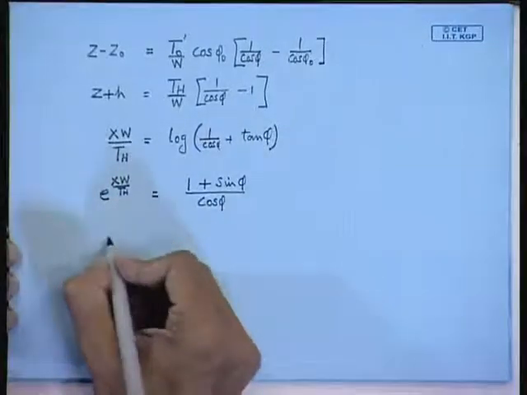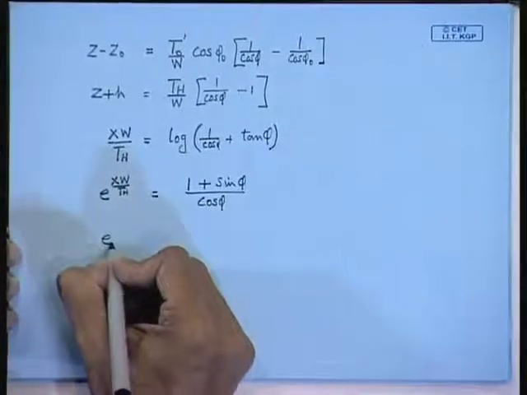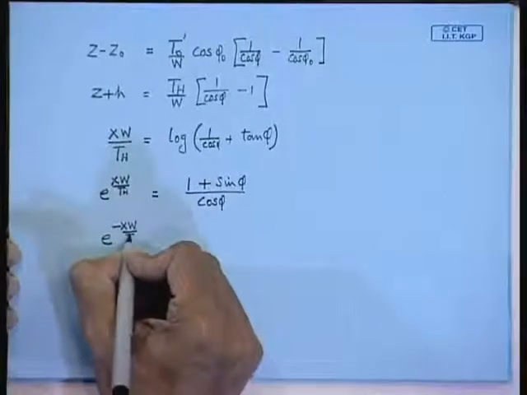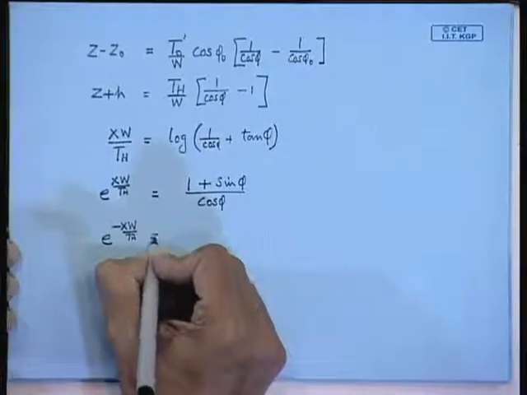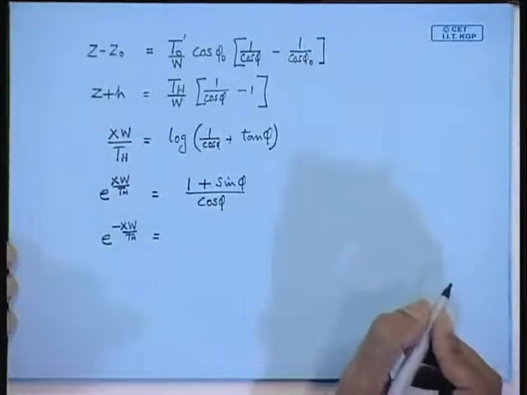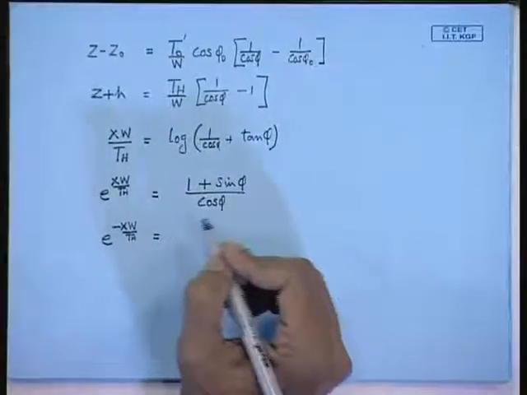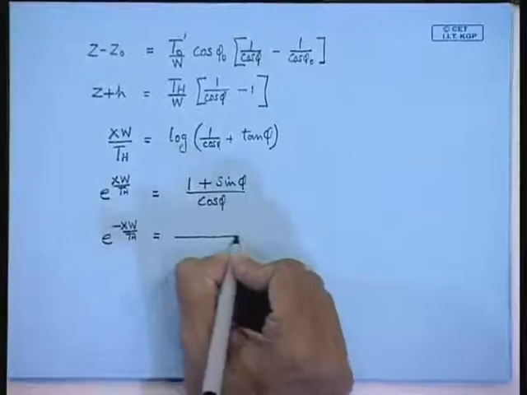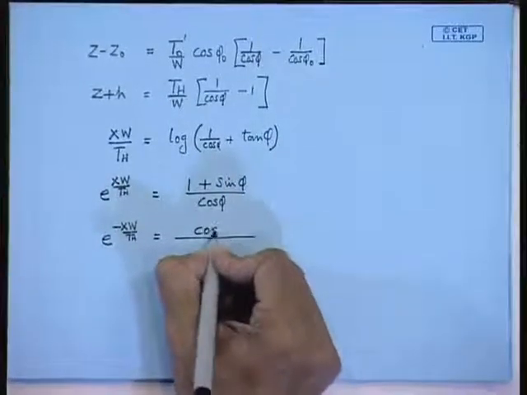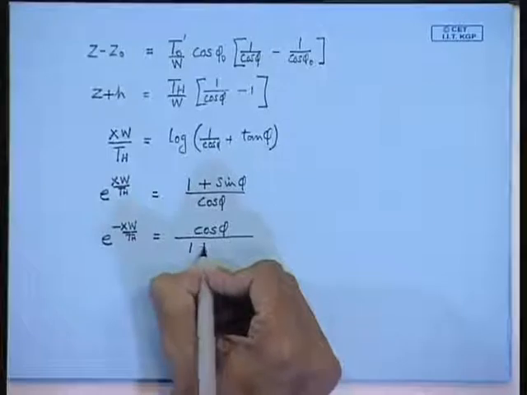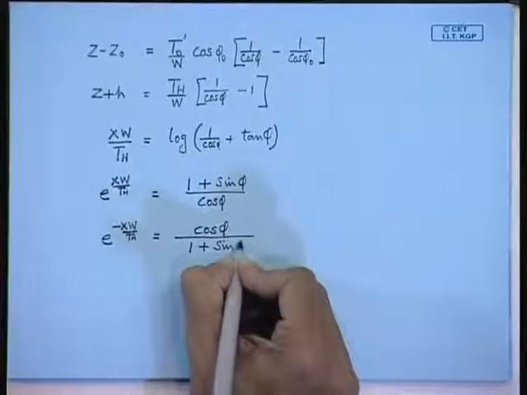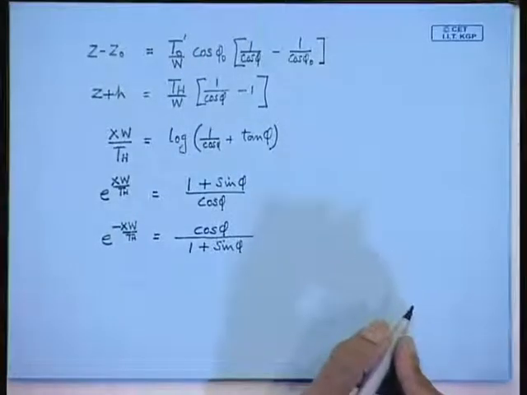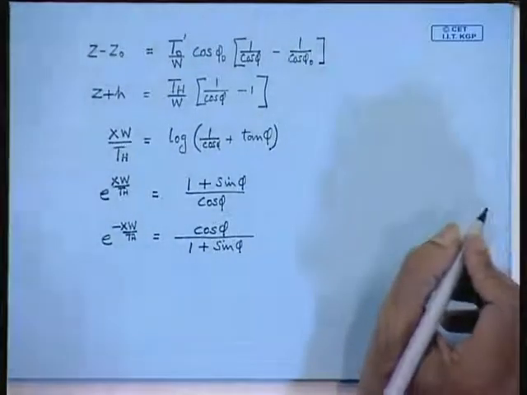Now, similarly you find e raised to the power minus x W over T h. This is just the reciprocal. So, there is simple maths. Now, those of you who are coming late, you just write this down.